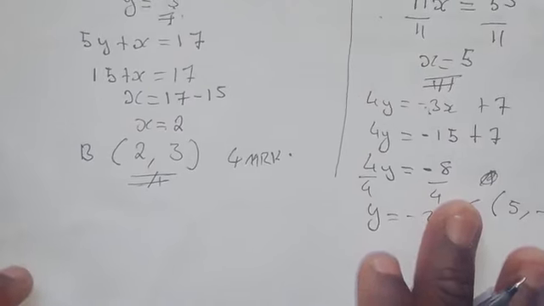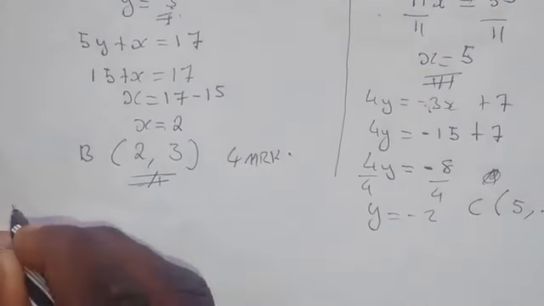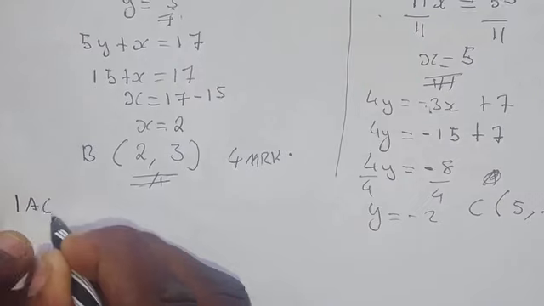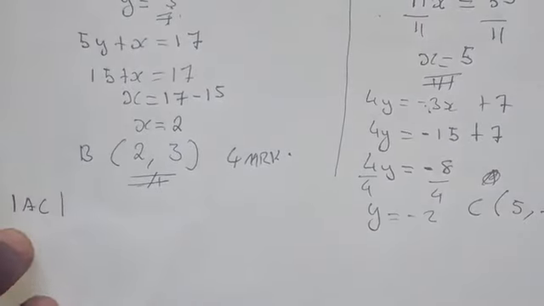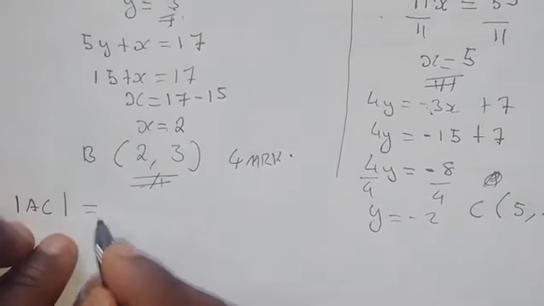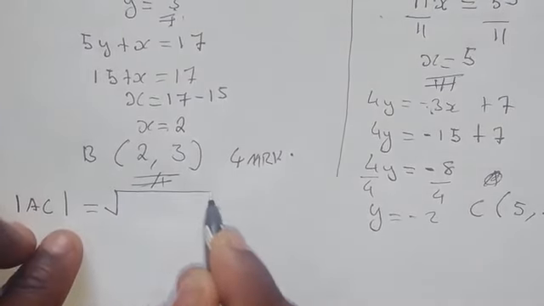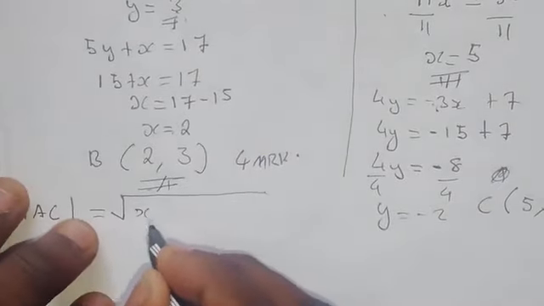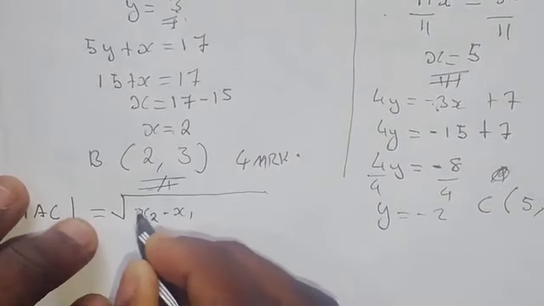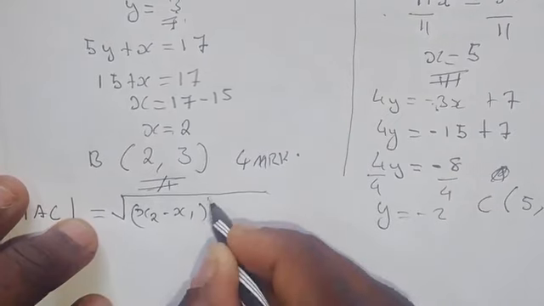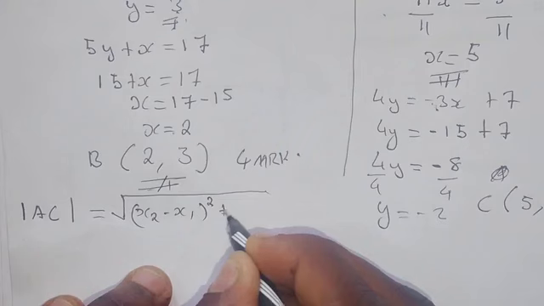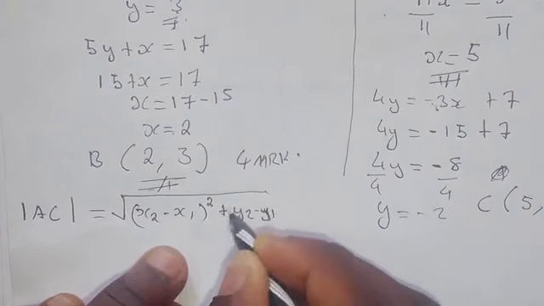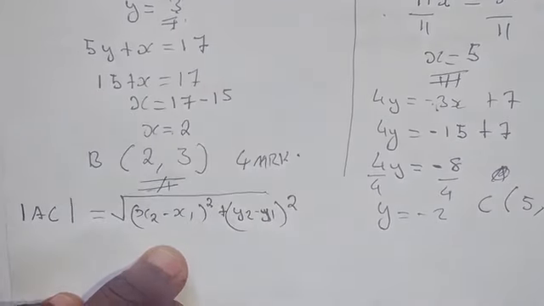So let's solve from here. Magnitude AC, the magnitude is the same as distance, is given by the formula square root of x2 minus x1 squared plus y2 minus y1 squared.